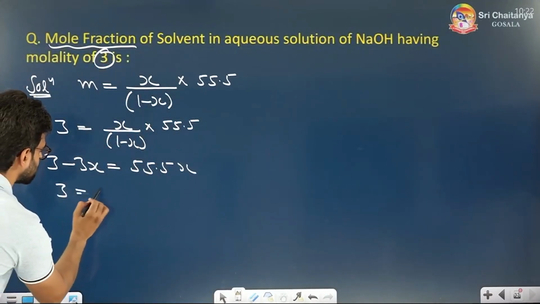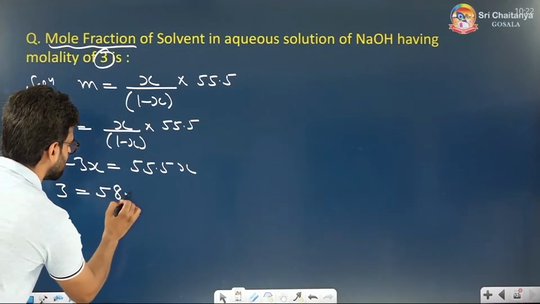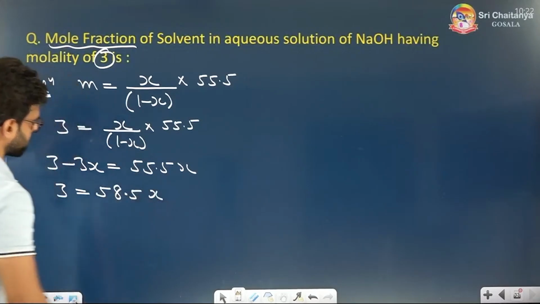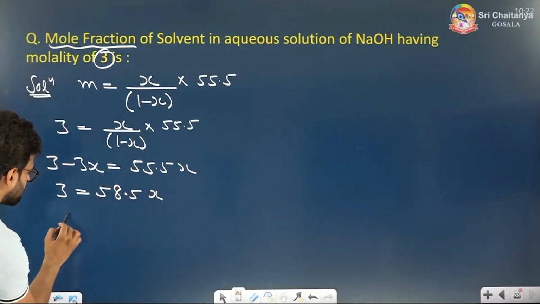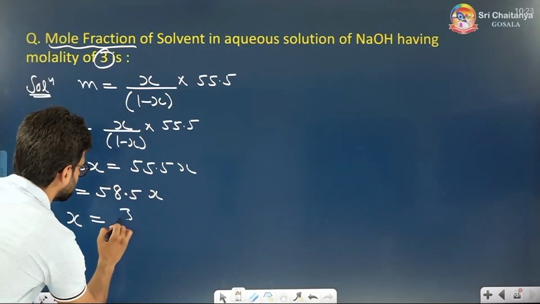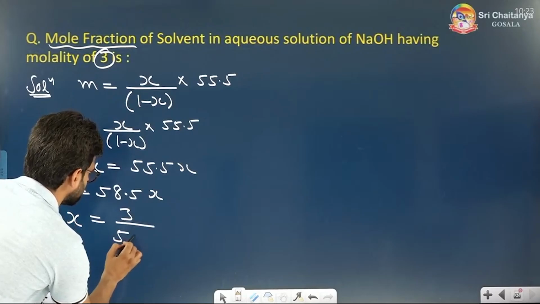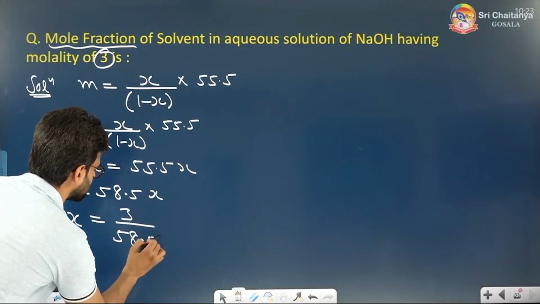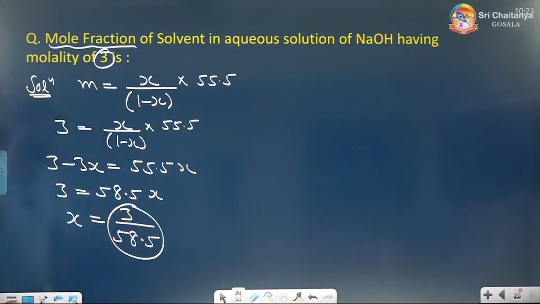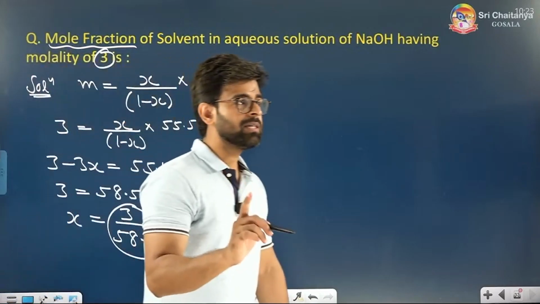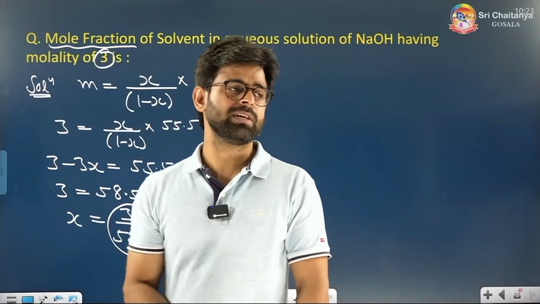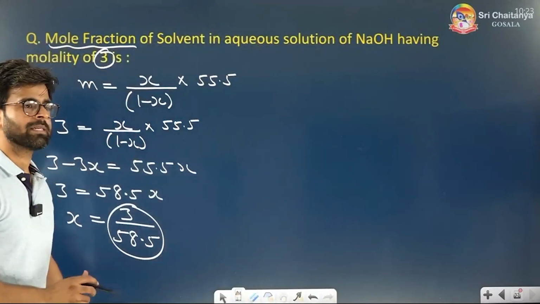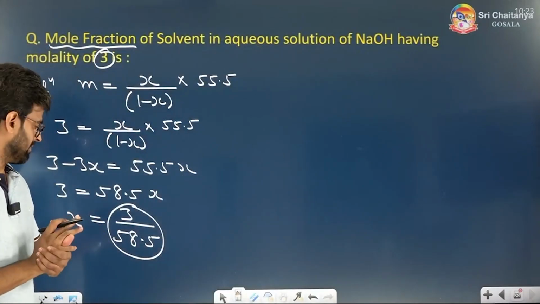So 3 equals 58.5x. 3x will go here and add up, right? So x is 3 divided by 58.5. This is your mole fraction of solute. If solute is NaOH, this is the mole fraction of NaOH. What is coming? 0.55.